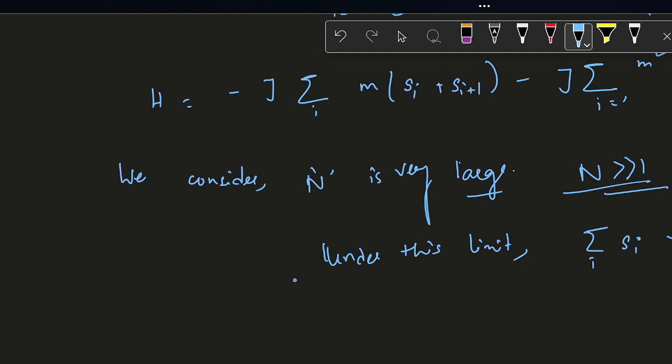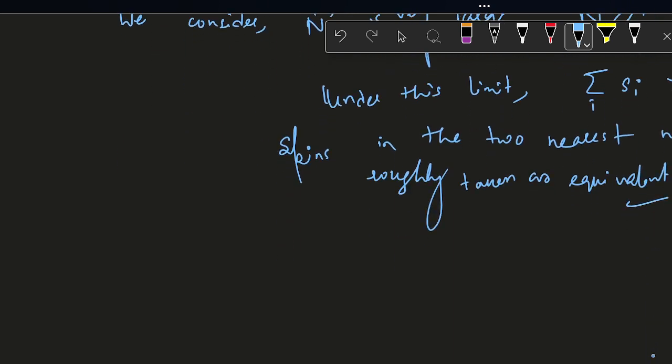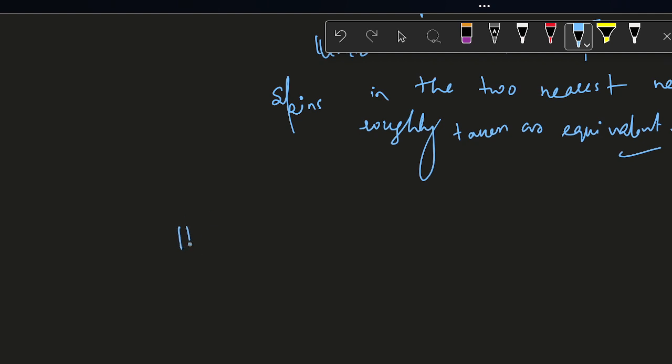As if we are taking that the spins on the two nearest neighbor sides can be roughly taken as equivalent. So if that is the case, then you can write h equal to minus 2J.